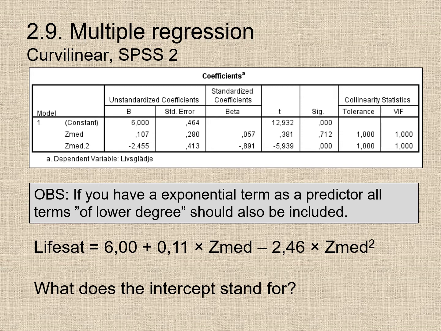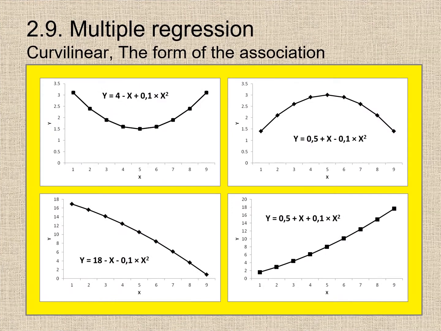So we have some kind of max point here. If you get too much medicine, life satisfaction decreases. If you get too little medicine, also life satisfaction is expected to be lower. So lagom is best, as we say in Swedish, this model indicates.